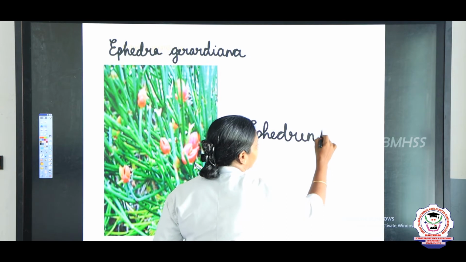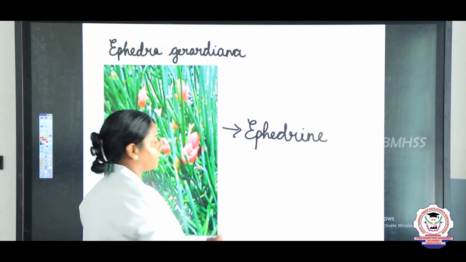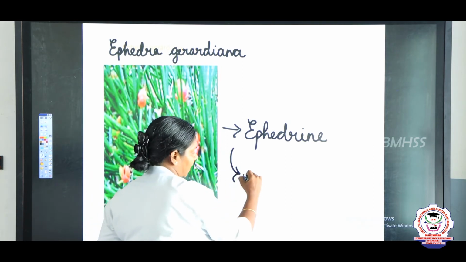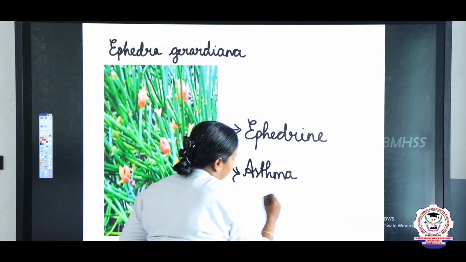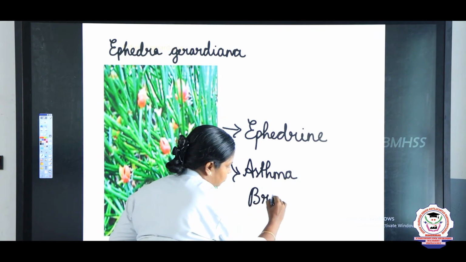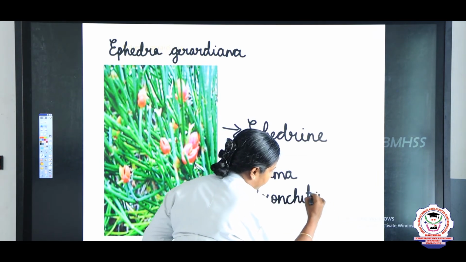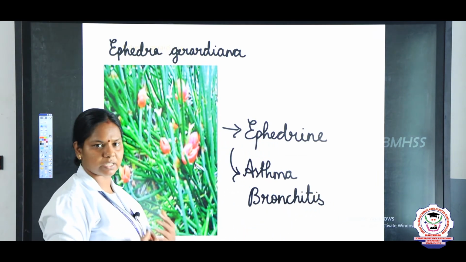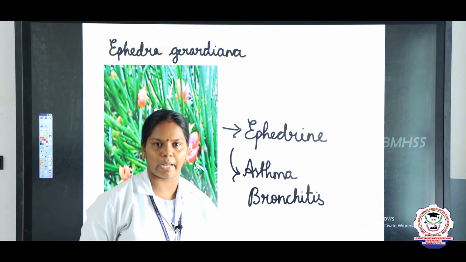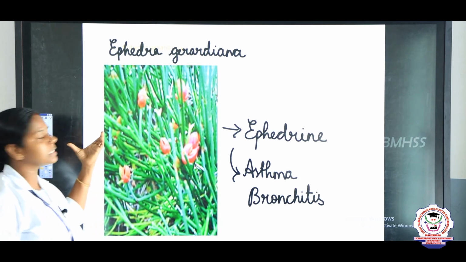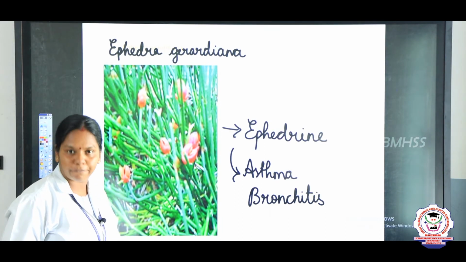This ephedrine is used in the treatment of patients suffering from asthma and bronchitis. Asthma is a respiratory disorder, and what is bronchitis, children? Inflammation of the bronchi. So this plant Ephedra gerardiana produces the drug named ephedrine.